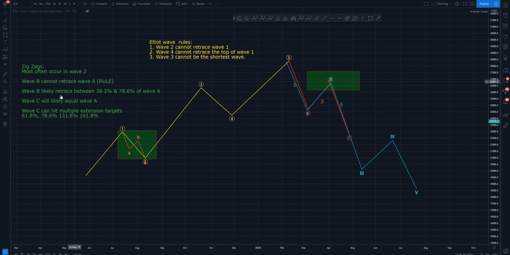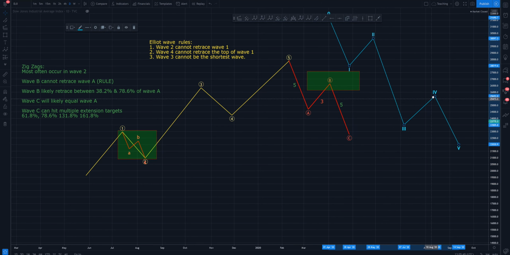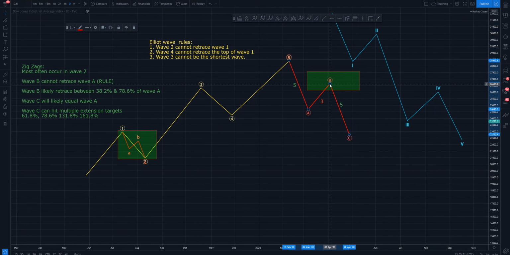Number two is to keep in mind the different rules and guidelines we've got here. Now, a B is not as likely to retrace as deeply as a 2. So, let's just, before I confuse the hell out of everyone, a B is more likely to go to 38.2% than the 2 is. Okay, the 2 is more likely to go to 61.8% or deeper.